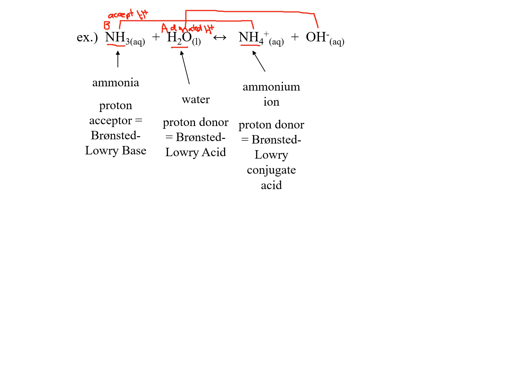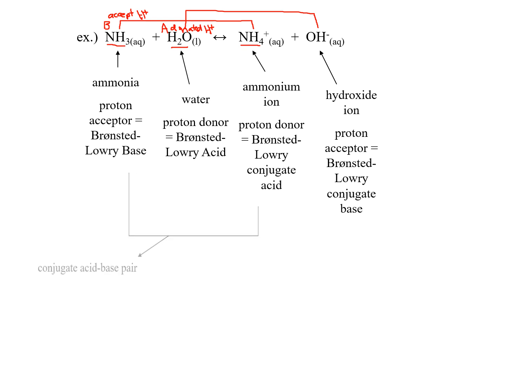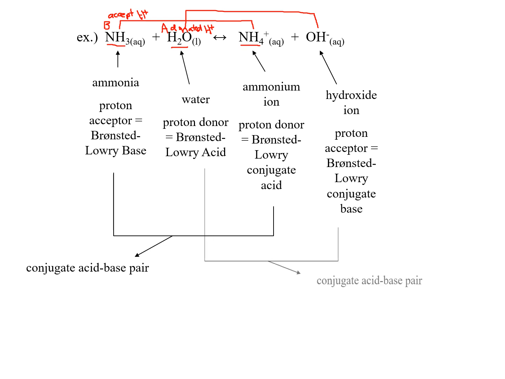The OH negative now is something that could accept the H back, which means it's now acting like a base, so we call it the conjugate base. And notice that there are always two pairs, right? There's a base that turns into a conjugate acid, and there's an acid that turns into a conjugate base. So we call these conjugate acid-base pairs.